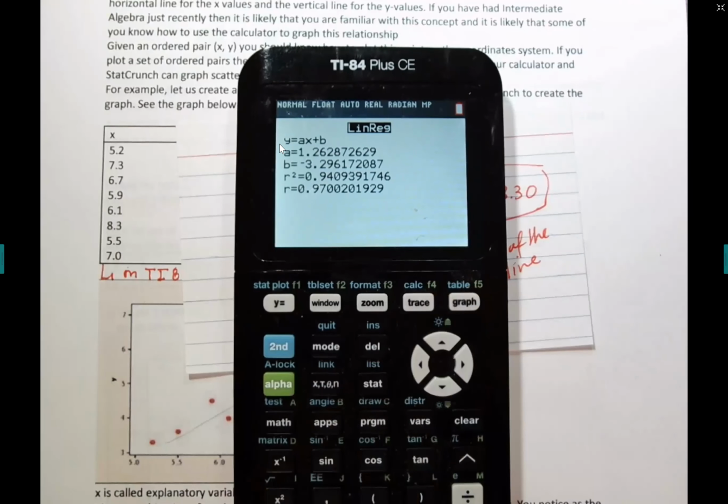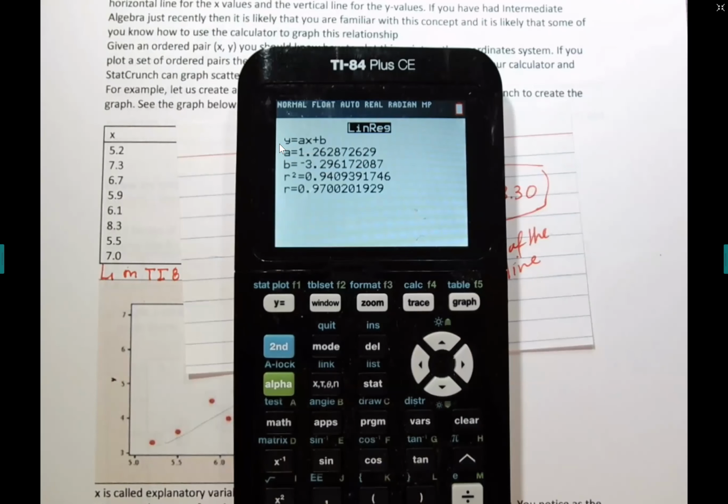And let me tell you how we use R. If R is very close to 1, do you guys agree with me that 0.97 is close to 1? Yes or no? Yes. If R is very close to 1, you can say that the relationship between X and Y is very strong, positive, and linear.